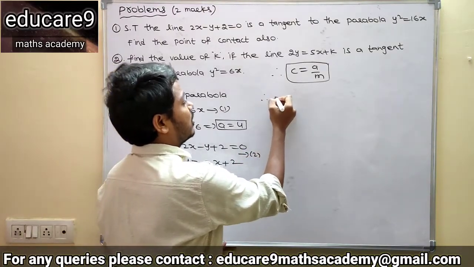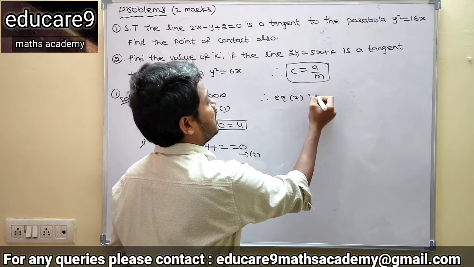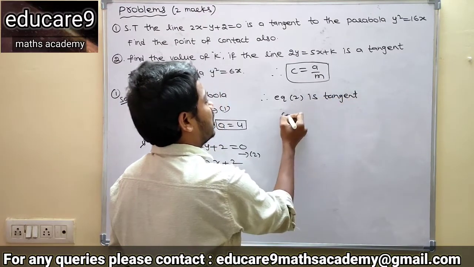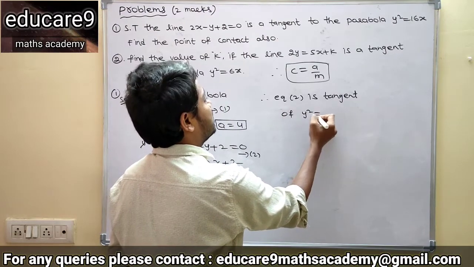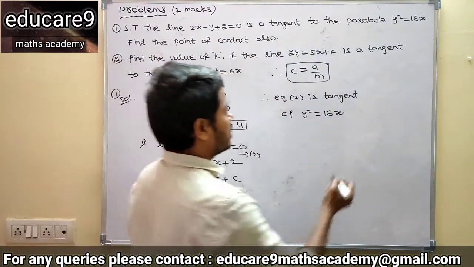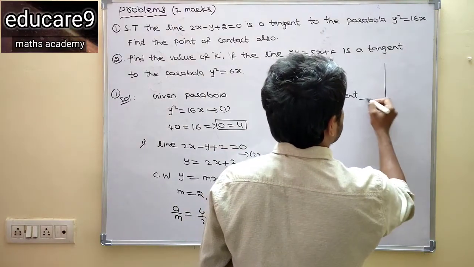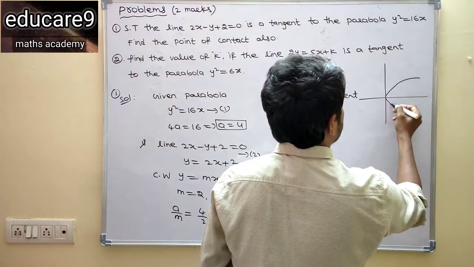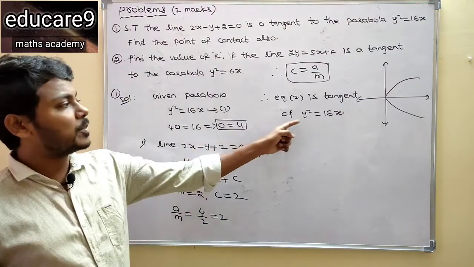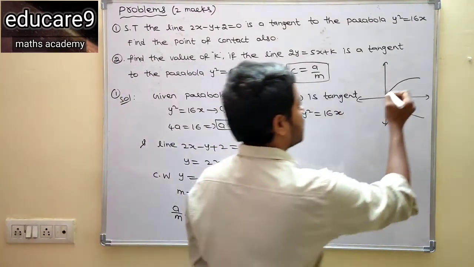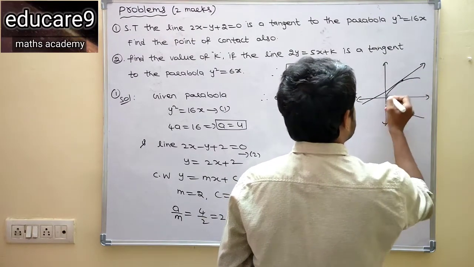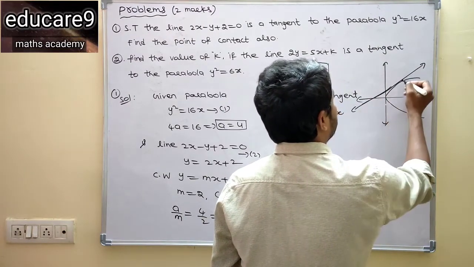So therefore equation 2 is a tangent of y square is equal to 16x. So this is the parabola, and this line is a tangent to the parabola y square equal to 16x upon this point.